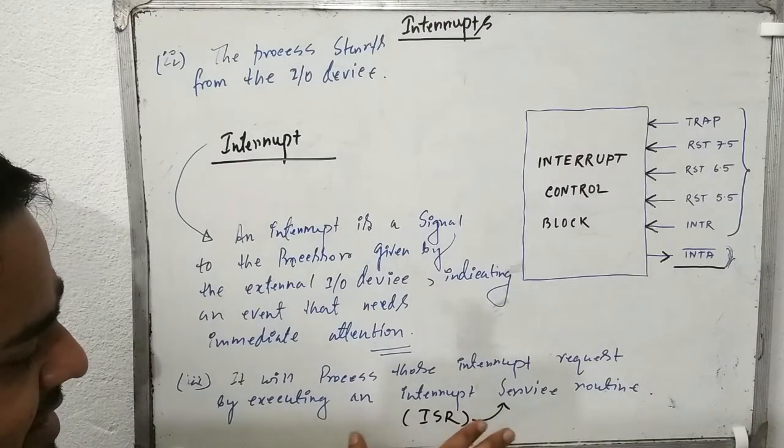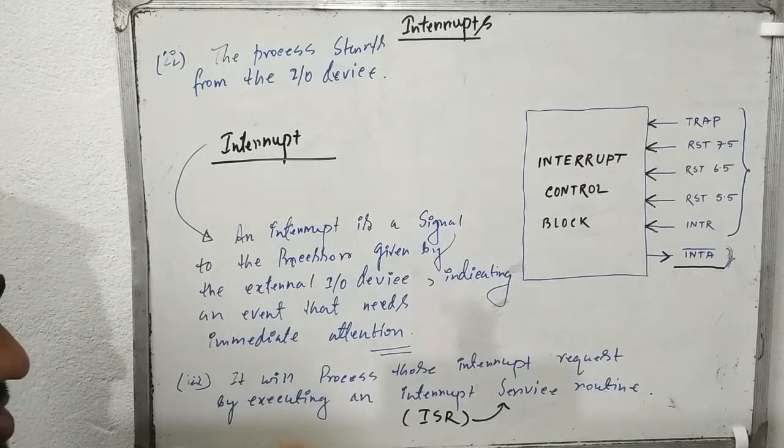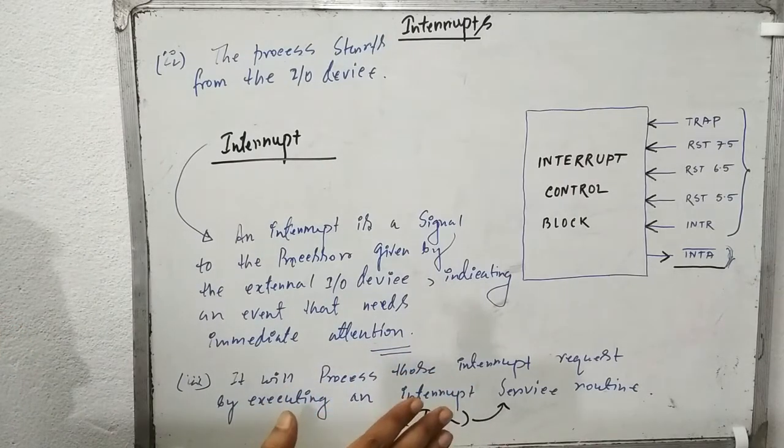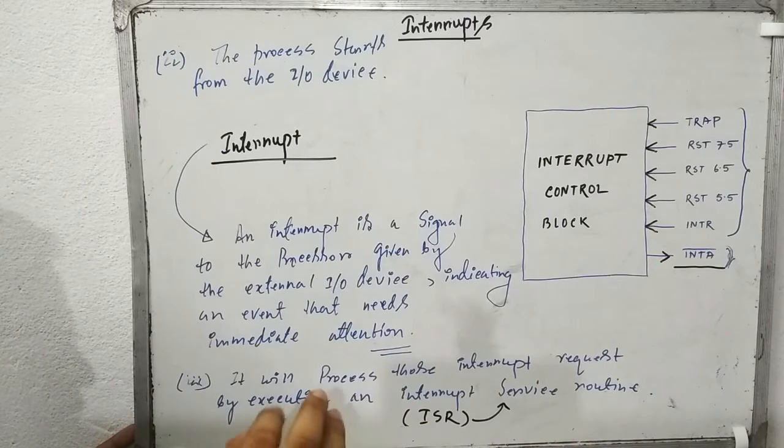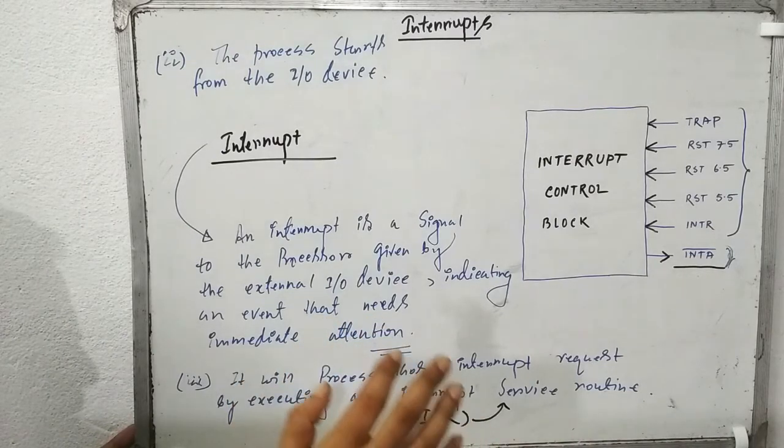Basically, it's a program which is written in a specific memory location for each individual interrupt. So that means each and every interrupt has its own ISR. It's a program written in a specific memory location for every interrupt request.